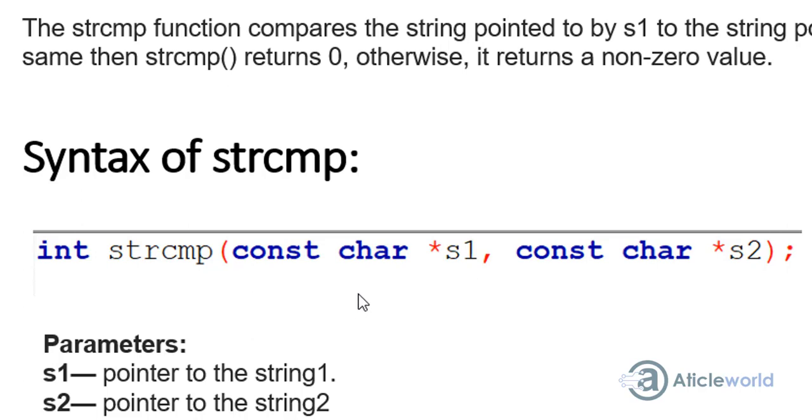In this function we need to pass the two strings or character arrays which we want to compare. Here you can see s1 and s2, and they are const because we don't want to manipulate the data of s1 and s2, we just want to compare. The return type of strcmp is int, and the return value depends on the strings.